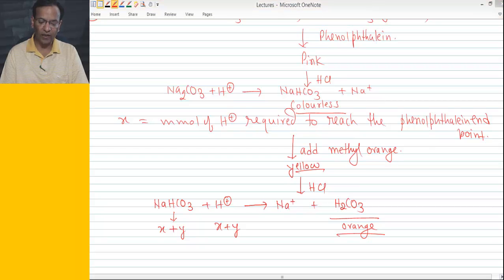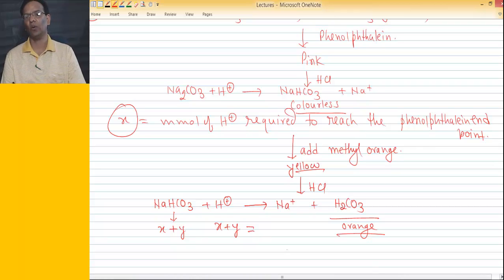So now x plus y is known, and x is known from the first experiment. Substituting x in x plus y, we can know the value of y, and so analysis can be done in this manner. So that is how phenolphthalein and methyl orange is used in acid-base titration.